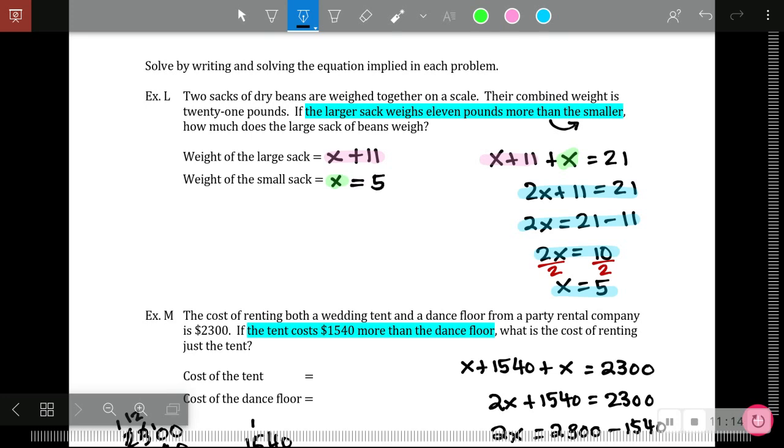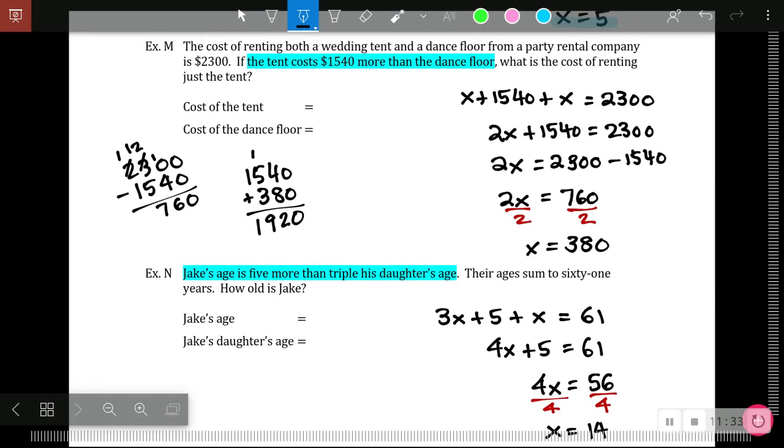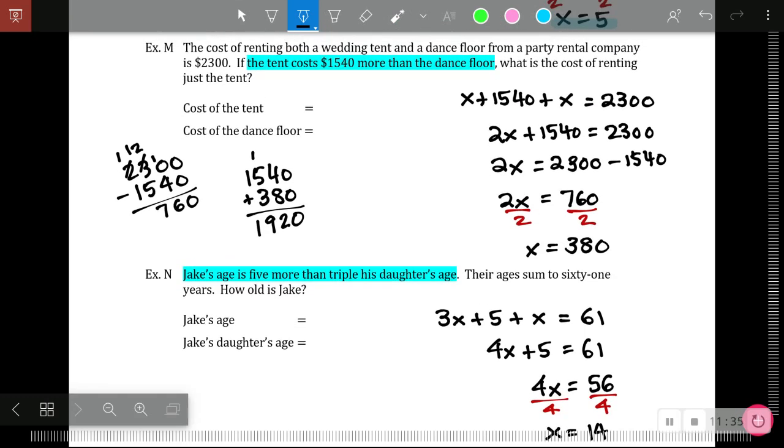But they're not asking in this problem for the small sack's weight. So x is not our answer. We have to take and say, well, 5 plus 11 more would be 16. That's our answer. The large sack weighs 16 pounds. So moral of that one is pay attention. You might not have the answer once you found x.